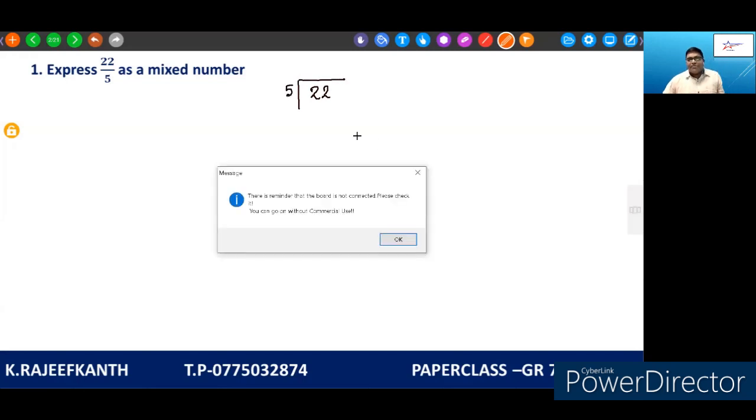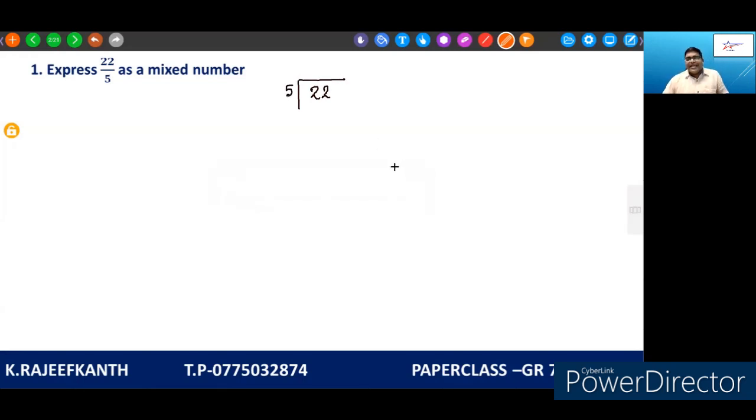If it is an improper fraction, then we have to divide the numerator by the denominator. So in 22 there are 4 5s. Then 4 times 5 is equal to 20, the remainder 2. So now we can write 4 and 2 over 5.